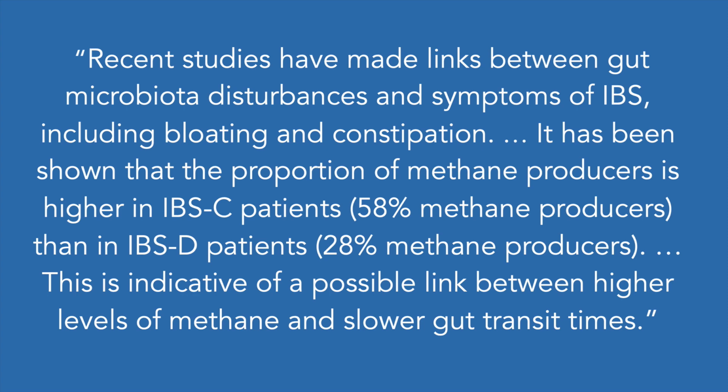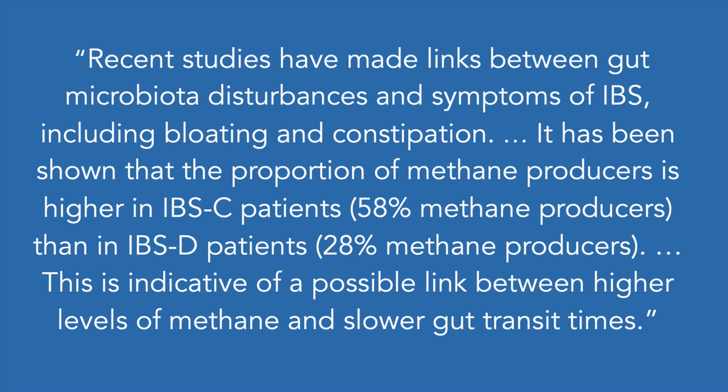And they go on to say recent studies have made links between gut microbiota disturbances and symptoms of IBS, including bloating and constipation. It has been shown that the proportion of methane producers is higher in IBS constipation-dominant patients, i.e. 58% methane producers, compared to IBS diarrhea-dominant patients, where only 28% were methane producers.